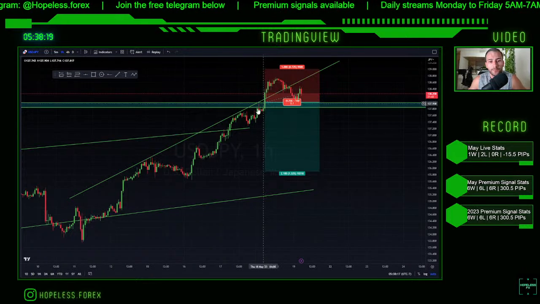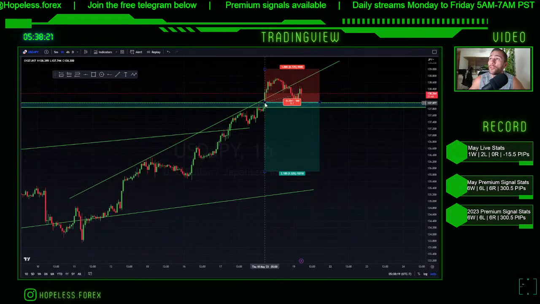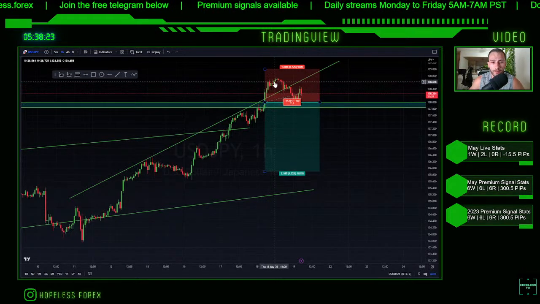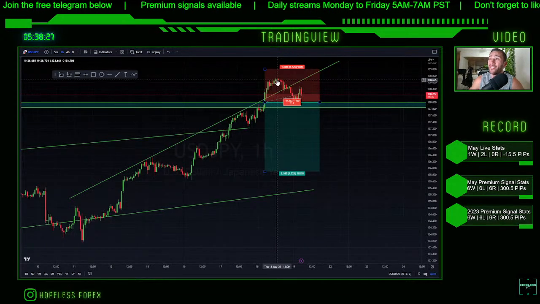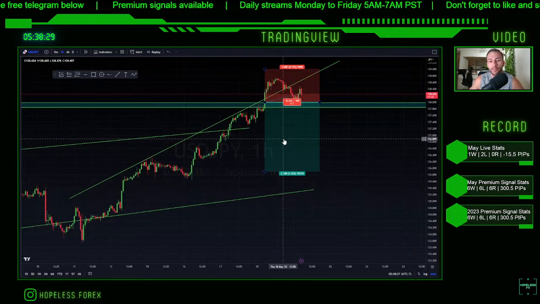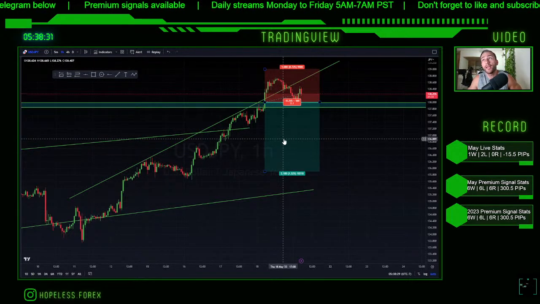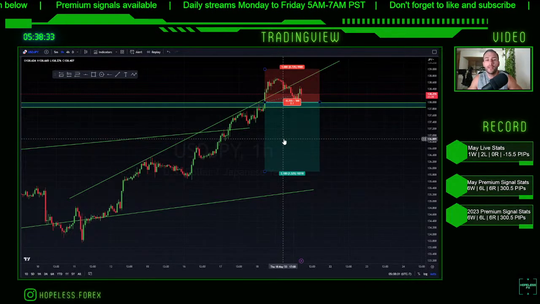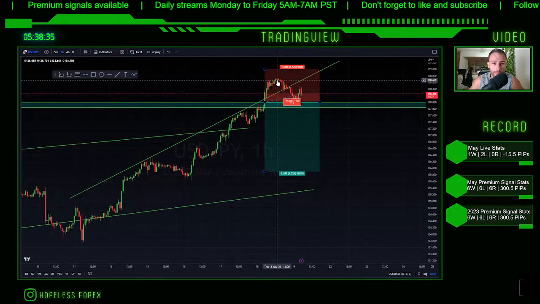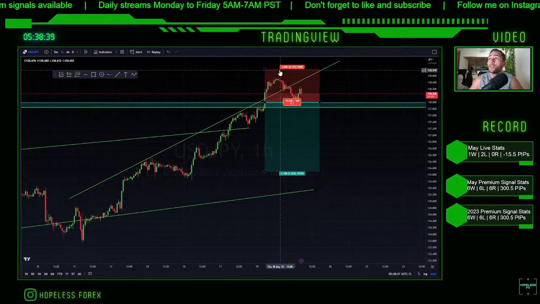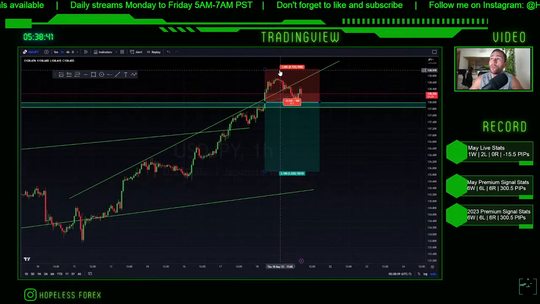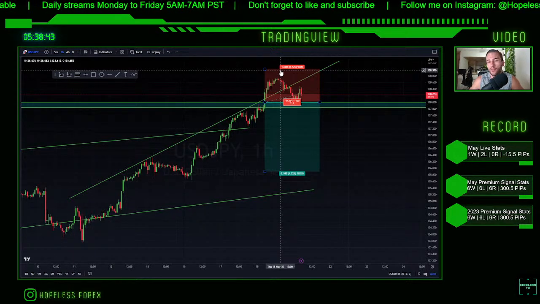The news hit on the US dollar, price jumped up. The stop was originally 138.7 with the take profit of 210 pips. And as price was coming up, I'm like, I'll give it a little bit more wiggle room. I'll increase the stop to 138. So the risk goes from 1R to 1.5R roughly.